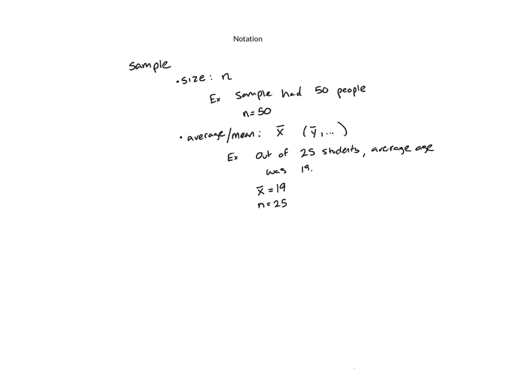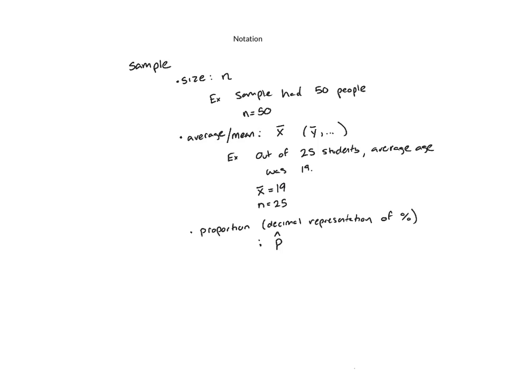Now, aside from sample size and average, the next thing we want to talk about is what we call our proportion. A proportion is just our decimal representation of a percentage. And the symbol we're going to use for this is p, a lowercase p to be specific, and a little hat on top of it.